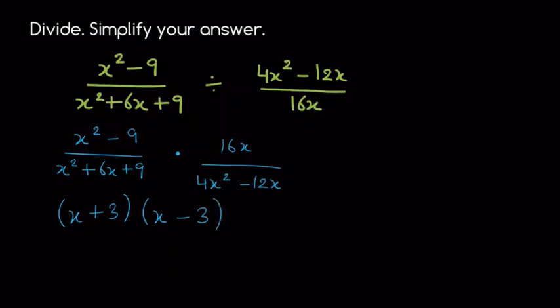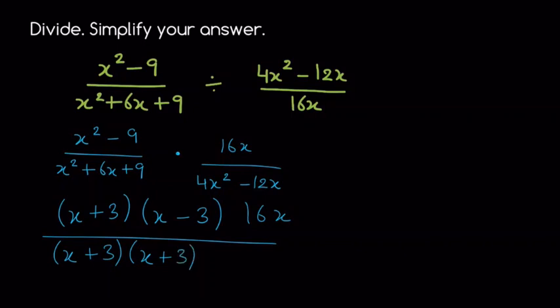Joining it with the other rational expression numerator, which is 16x, over x squared plus 6x plus 9. Two factors of 9 that, when added, the sum is 6: 3 and 3. x plus 3 and x plus 3.